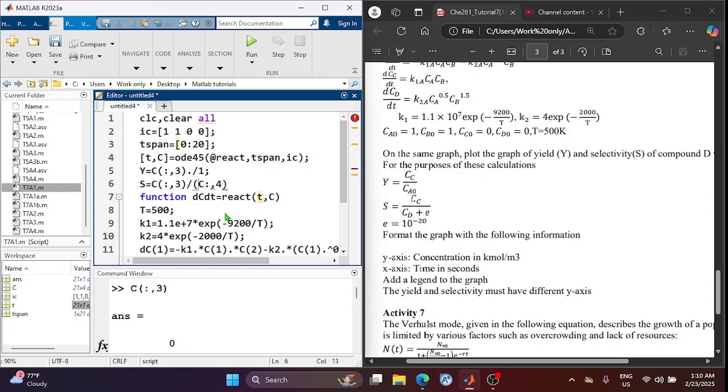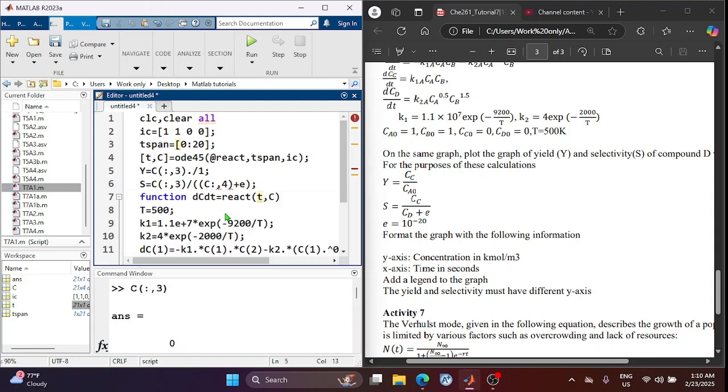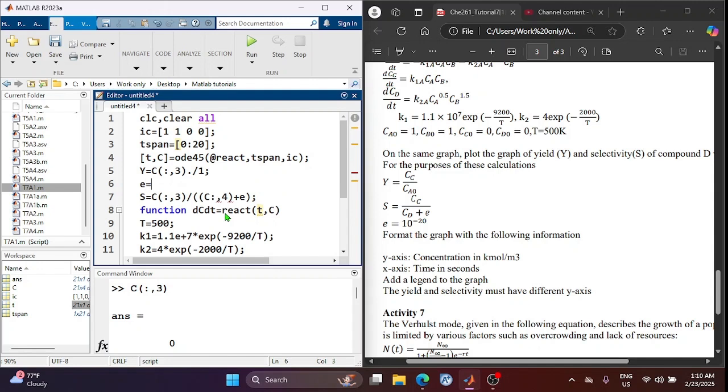So CD plus E. So I have to define E. So let me come up here and define E. We said E is equal to 10 to the power minus 20. So I've gotten that defined. Oh, and sorry, the C here is supposed to come out. It's supposed to be this way instead. So we've gotten our selectivity and our yield.